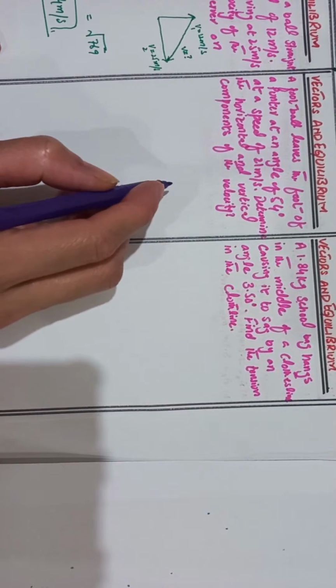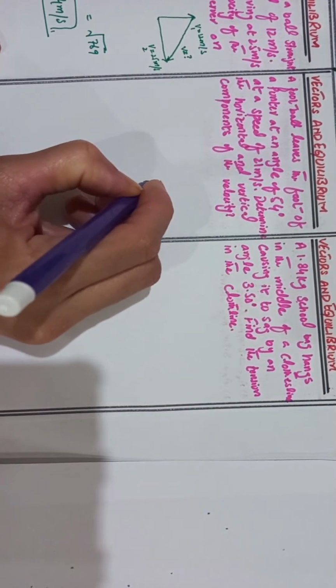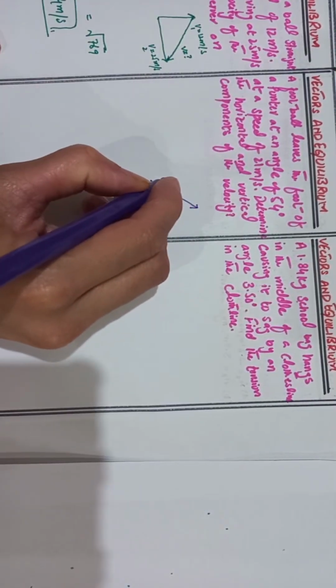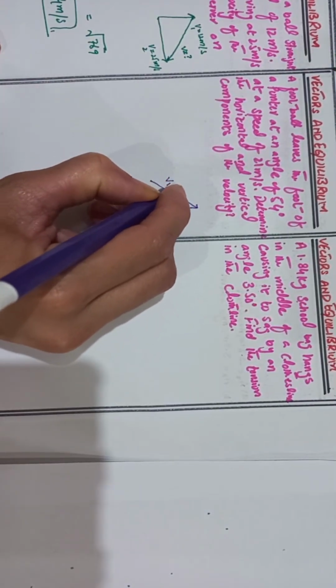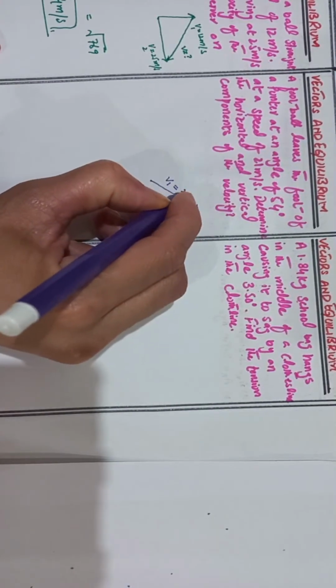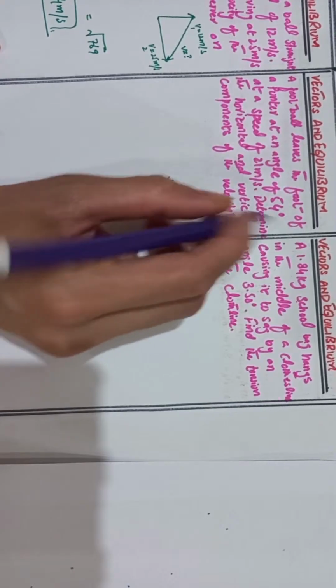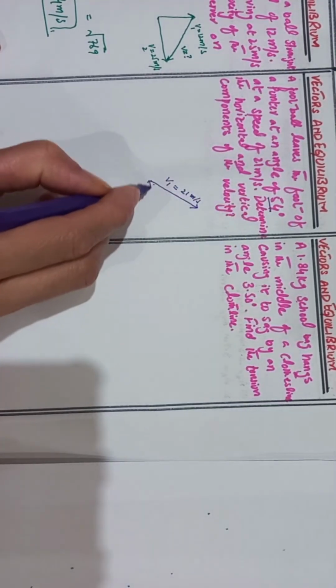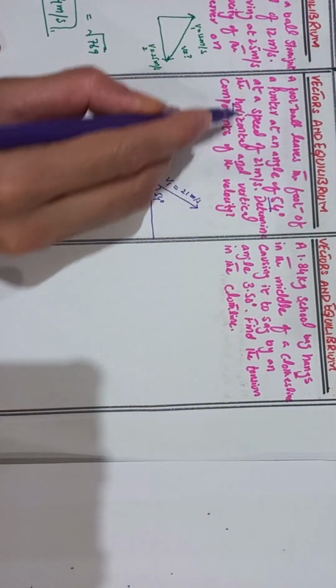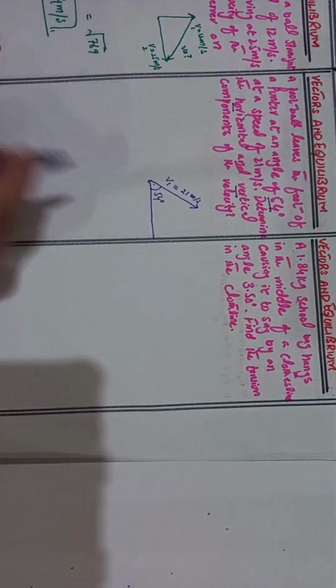Here is the given initial velocity of the ball that leaves the foot of the punter at an angle of 54 degrees. Speed is equal to 21 meters per second. Make an angle 54 degrees. Find the horizontal and vertical components.